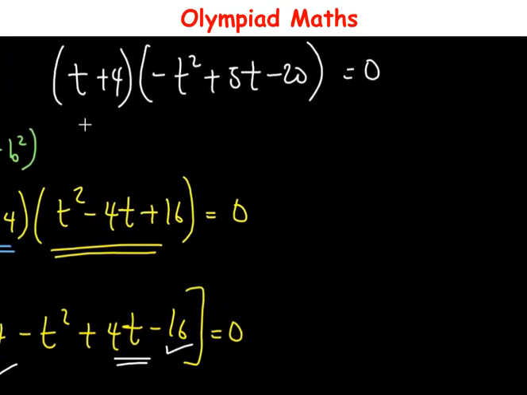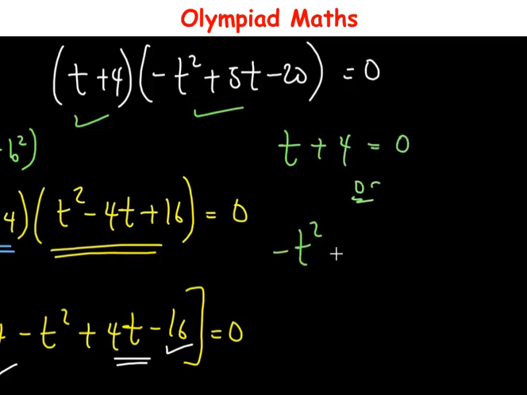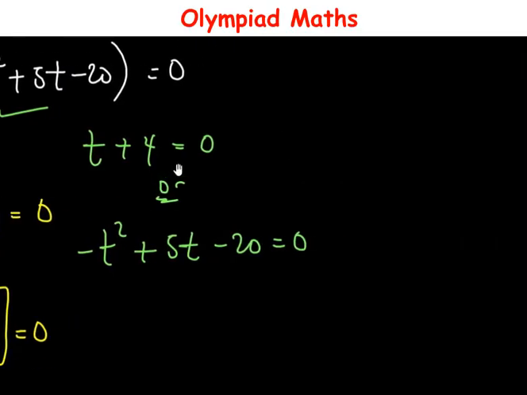So at this junction, we can equate this to 0 and also equate this to 0. So we have t plus 4 equals 0, or we have minus t squared plus 5t minus 20 equals 0. So for this linear equation, the value of t is equal to minus 4. So we have gotten the first real solution for the value of t.